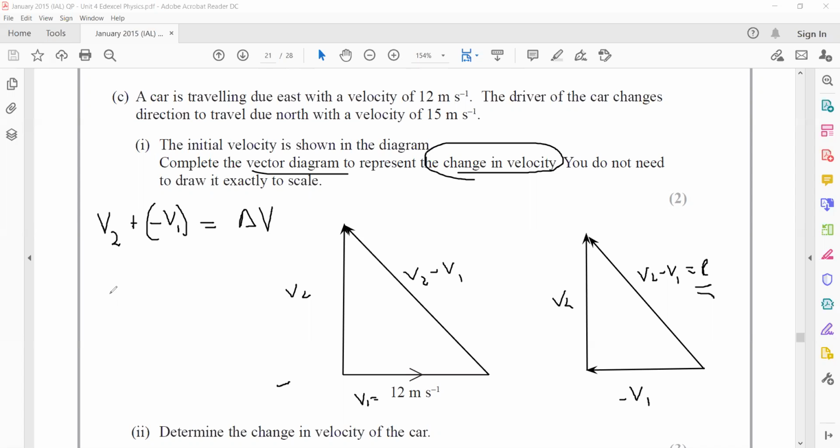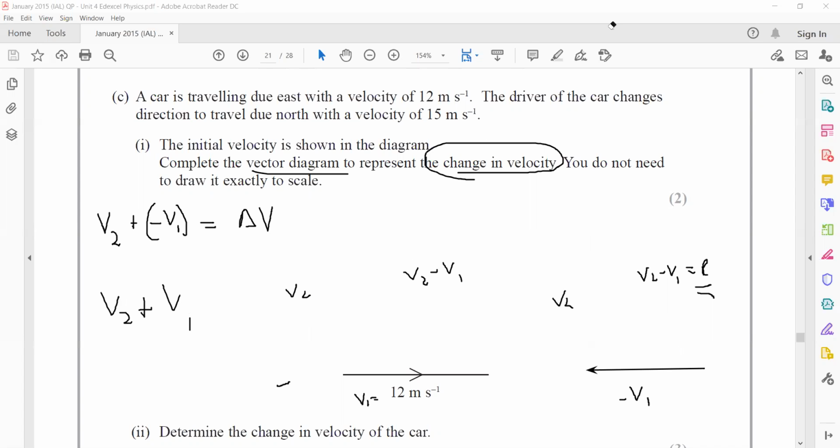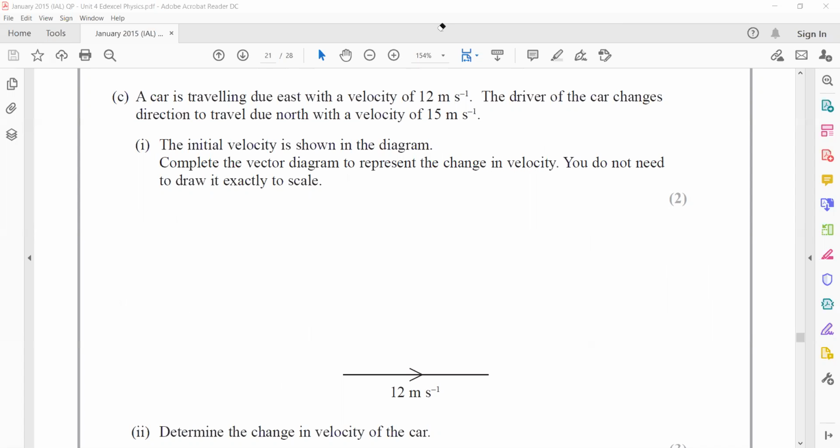If the question asks to calculate the resultant velocity V1 plus V2, not the change, then how will I find the resultant? V1 is already there.